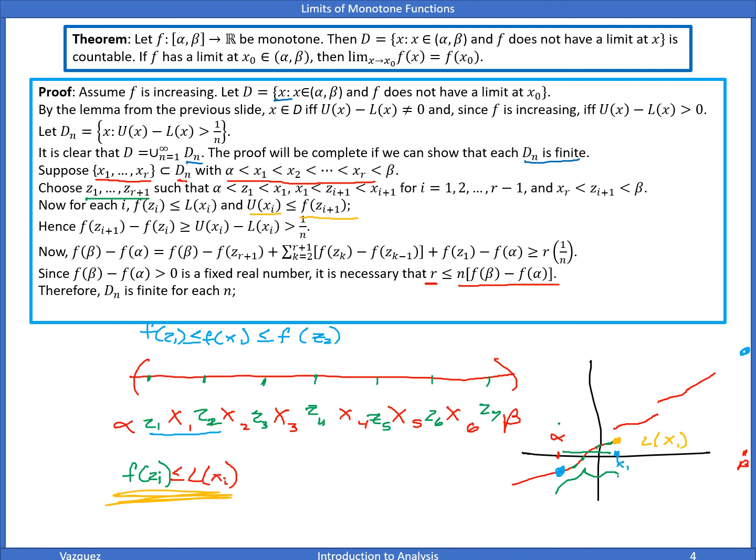So each Dn only has finitely many elements, right? It can't have infinitely many because, again, this is a fixed real number such that this inequality has to hold. So therefore, Dn is finite for each n. And again, if we take the countable union of countably many countable sets, we get that D is countable, thus proving our theorem.